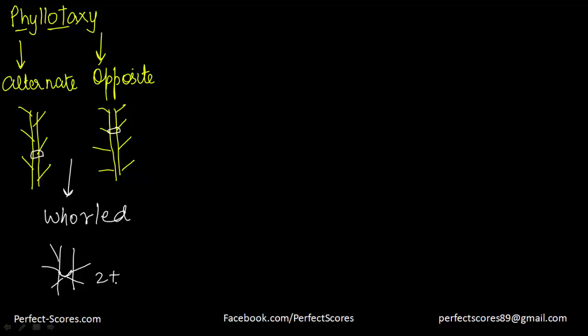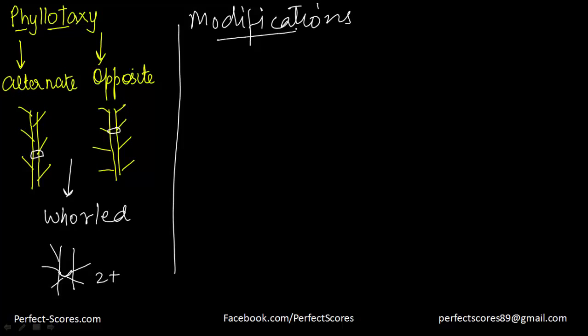And coming to the modifications of the leaves, which is an important thing. How do the leaves get modified? Now in case of leaves, usually the main function is to perform photosynthesis. But sometimes they can perform other functions also, in which case they need some modifications.